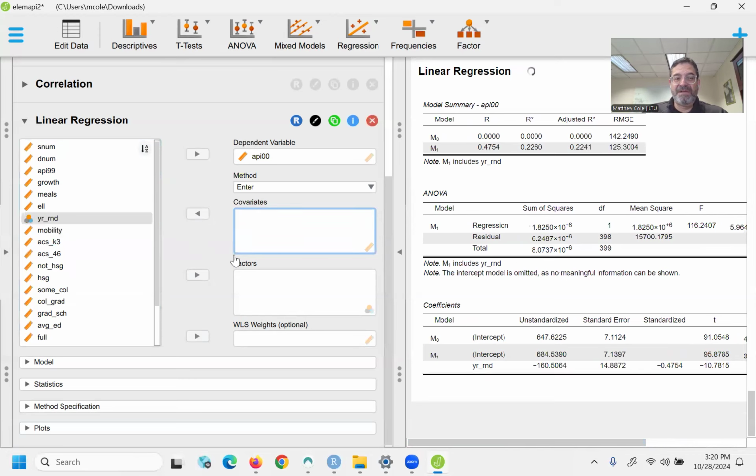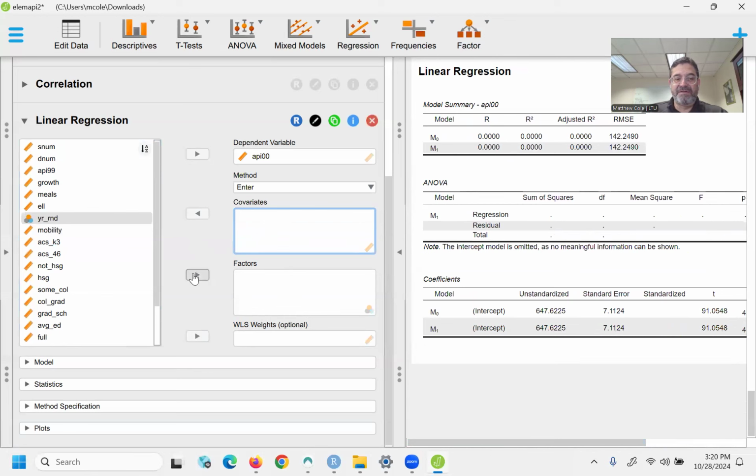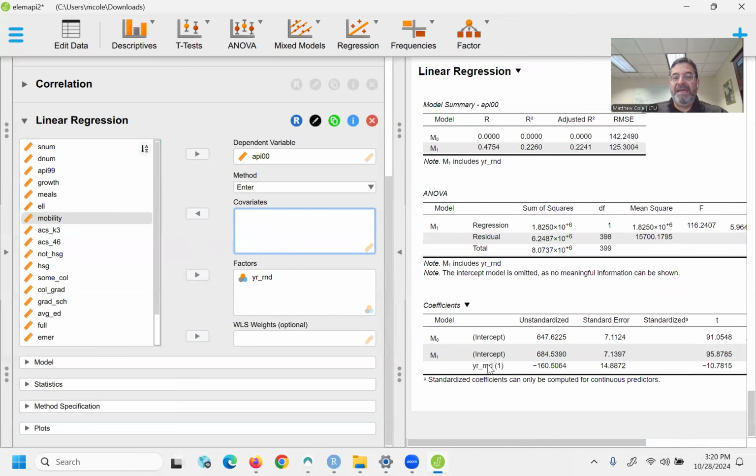So instead, let's put it here under factor, and then it's going to tell you in parentheses what we're seeing. We are seeing what the slope is when the value of our categorical variable is 1.